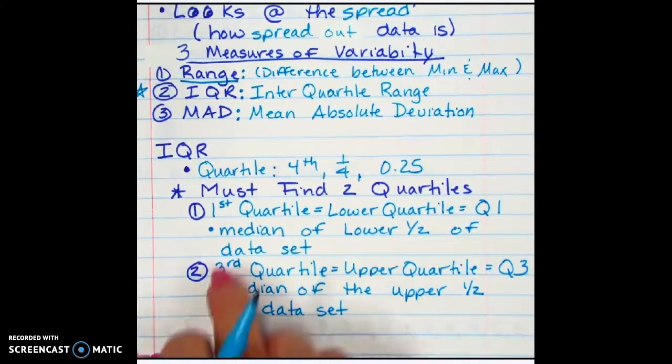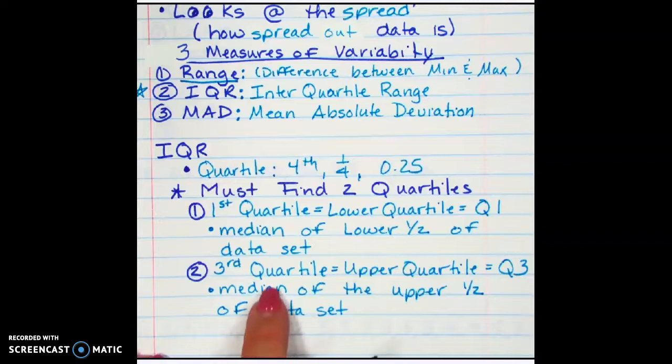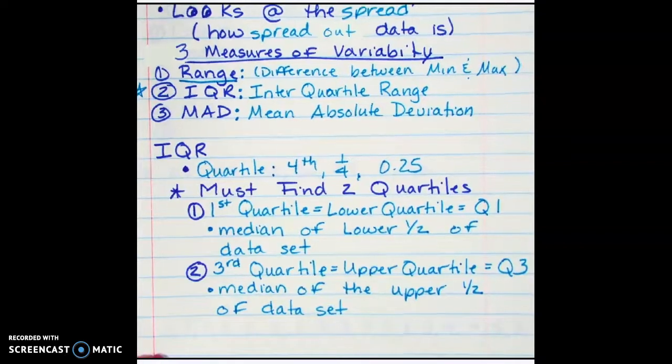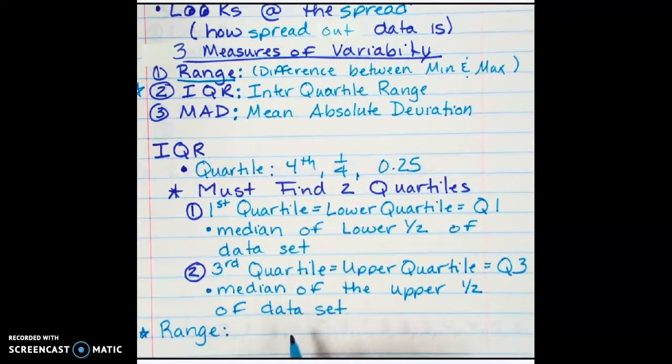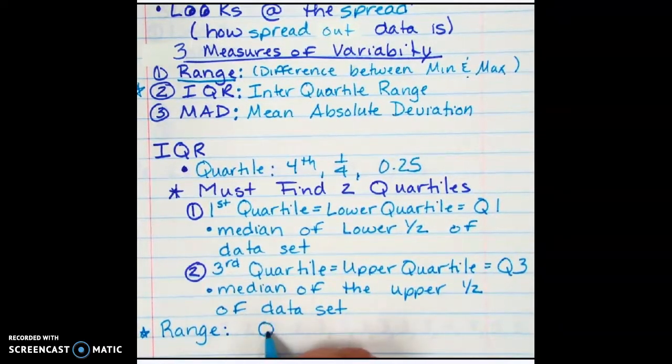Now, if we know the first quartile and we know the third quartile, we will be able to find the range. What is the range that we're looking for? The range between quartile 1 and quartile 3.